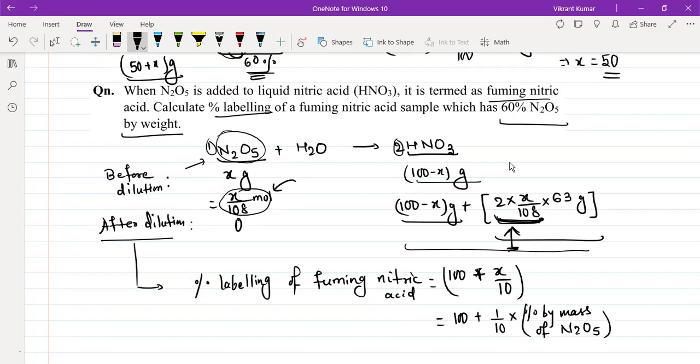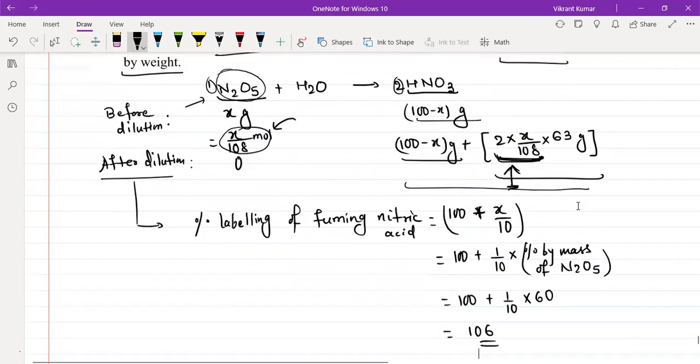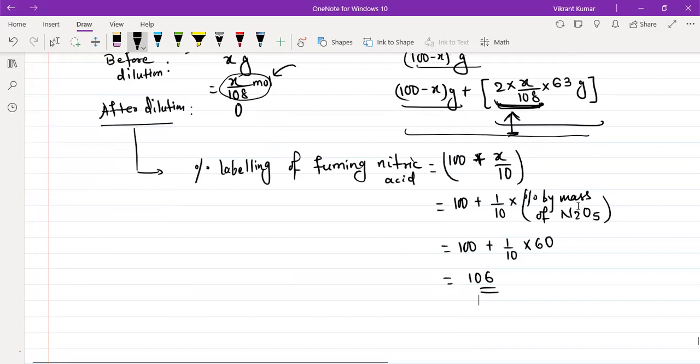And that's why we are going to get, for the given solution, we have been given that it was 60% by mass in N2O5, and that's why it will become 106. Is it okay? क्वेश्चन में ये 60% दिया हुआ था, बट इन जनरल अब कोई भी नंबर बोल देगा तो विल पुट दैट एंड विल गेट द आंसर. So here we are considering water as negligible.